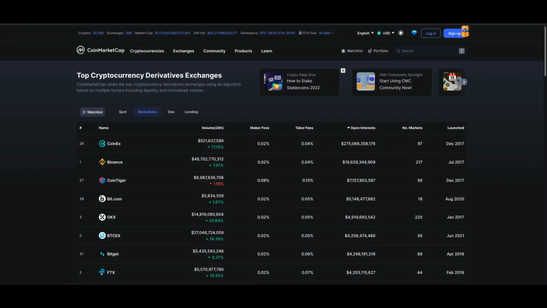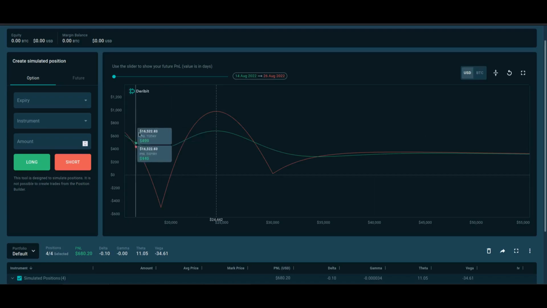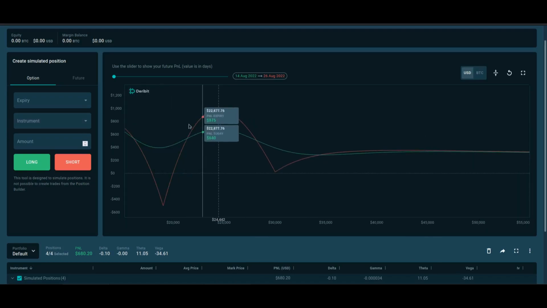So let's return to the position builder. Basically this shows us our current option position, our PNL, and our Greeks values. Every option has features which are named by Greek alphabet letters: delta, gamma, theta, vega.